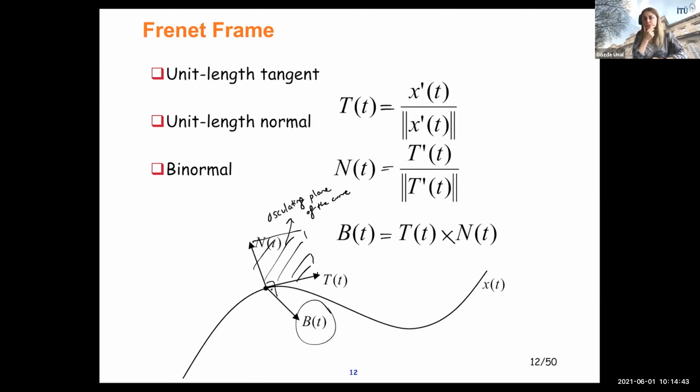We will also talk about curvature soon, and something called twisting or torsion of the curve. They will all relate to the speed of this binormal and the unit normal, how quickly they change, so their derivatives.